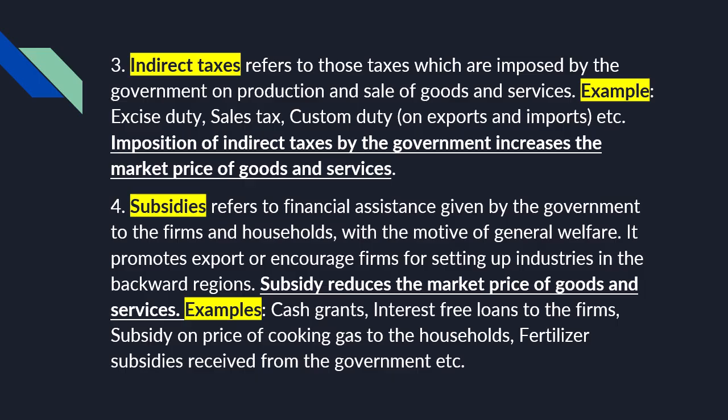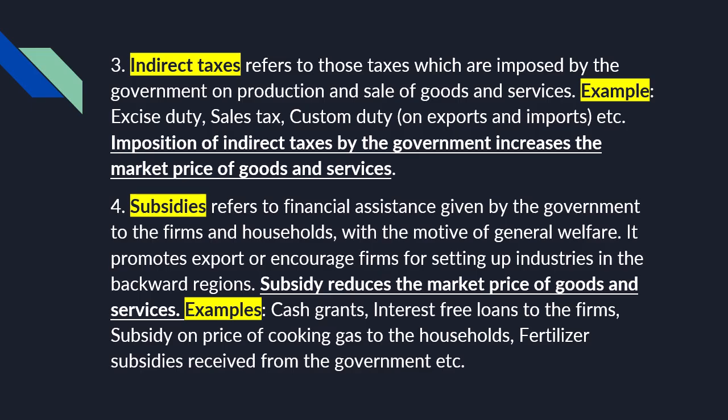And for households, they can provide subsidy like LPG subsidy. So this is basically to promote the general welfare, to encourage production units to set up more industries in the backward region. Examples of subsidies can be cash grants, interest-free loans to the firms, subsidy on price of cooking gas to the household, fertilizer subsidy, etc.